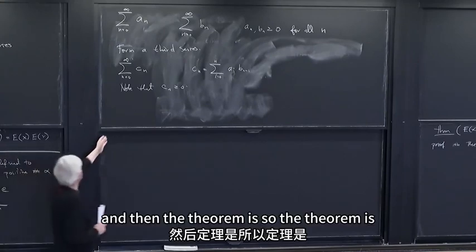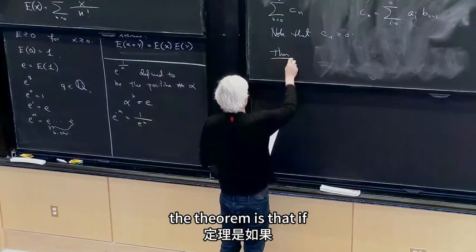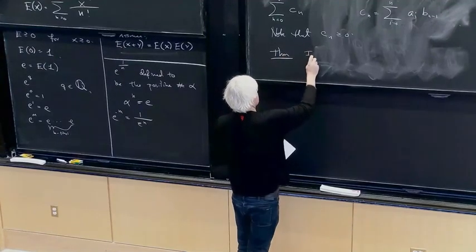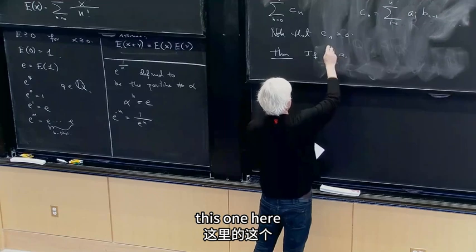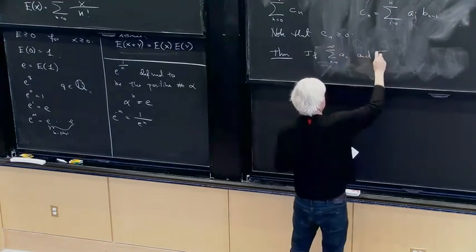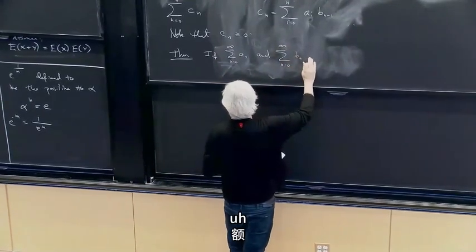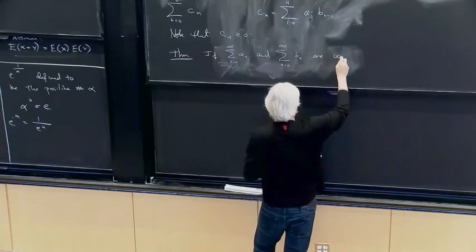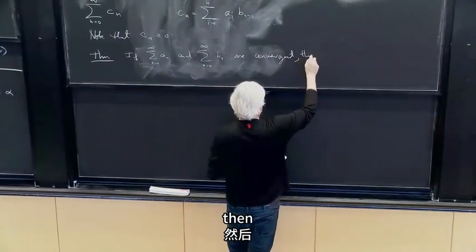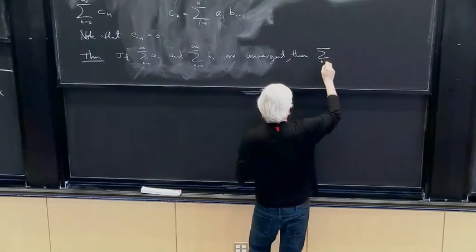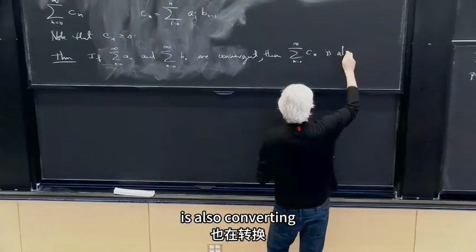And then the theorem is that if these series here, this one here and this one here, are convergent, then this series here is also convergent.